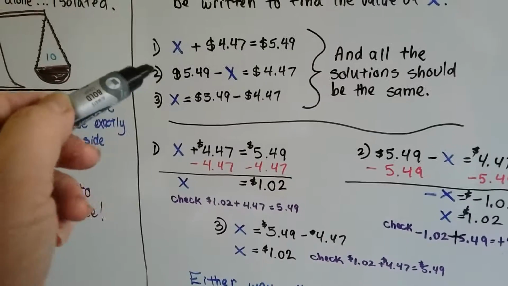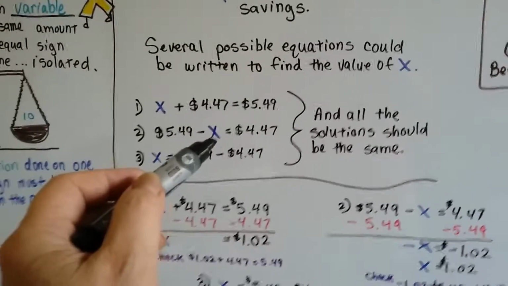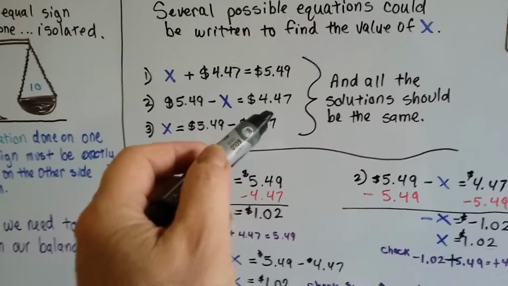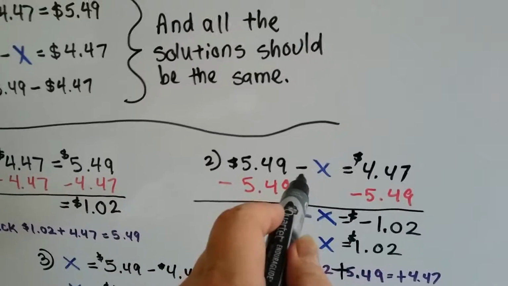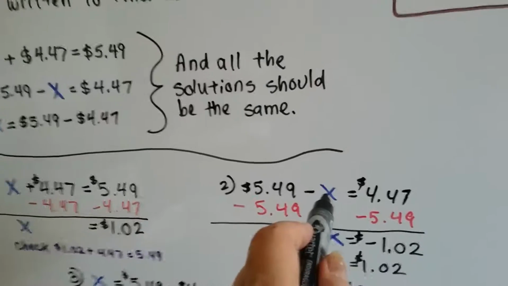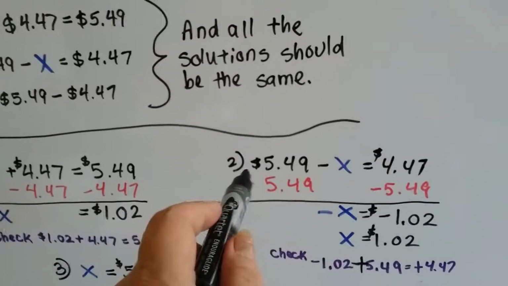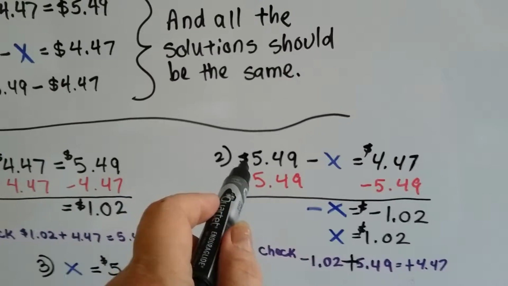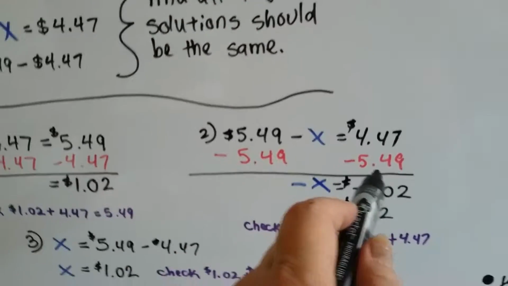With number 2, we've got 5.49 minus the unknown amount of savings is going to equal the sale price. So now we've got a positive $5.49, and we're going to take away the amount of the savings, and that's going to give us the sale price. So because this is a positive $5.49, we're going to subtract it from each side of the equal sign, see?